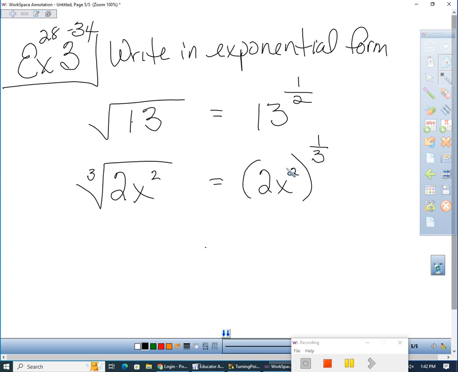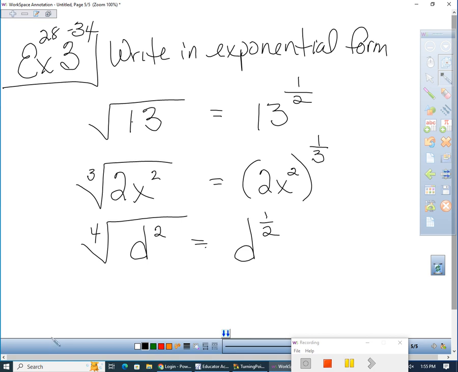All right, what if I had the 4th root of d squared? D to the 1/2, correct. D to the 1/2.